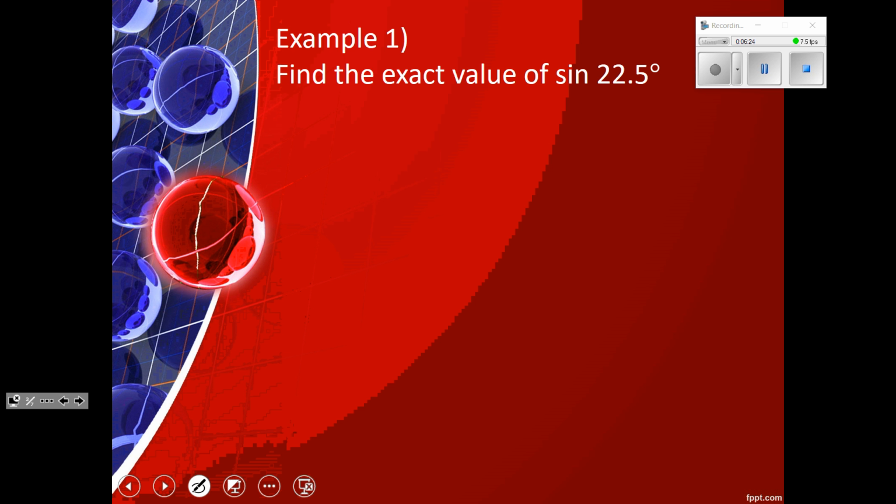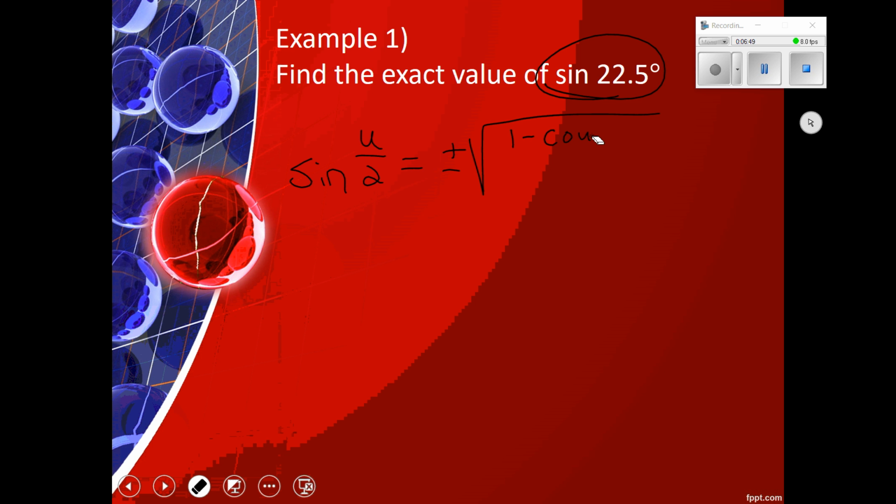So I want to know the exact value of sine of 22.5. Okay. So that is my half angle. So first of all, if we go to our sine formula, the sine of u over 2 is equal to what? Plus or minus the square root of 1 minus cosine u over 2.